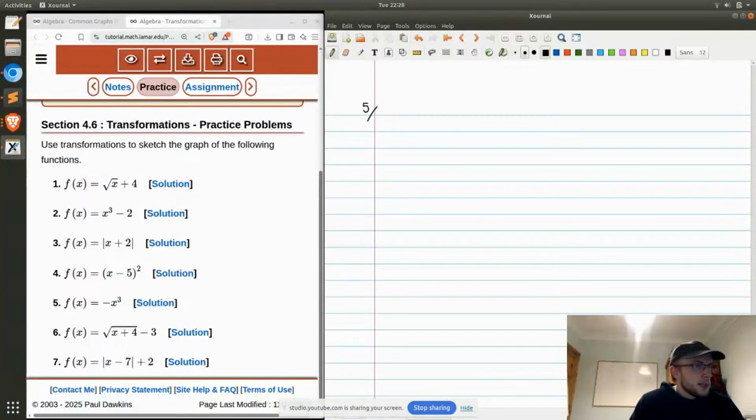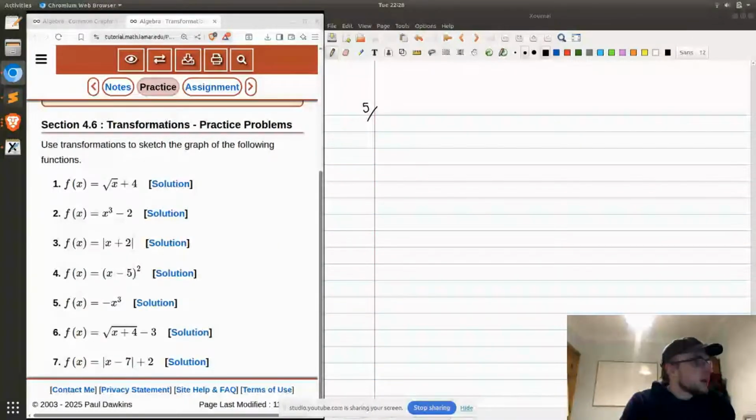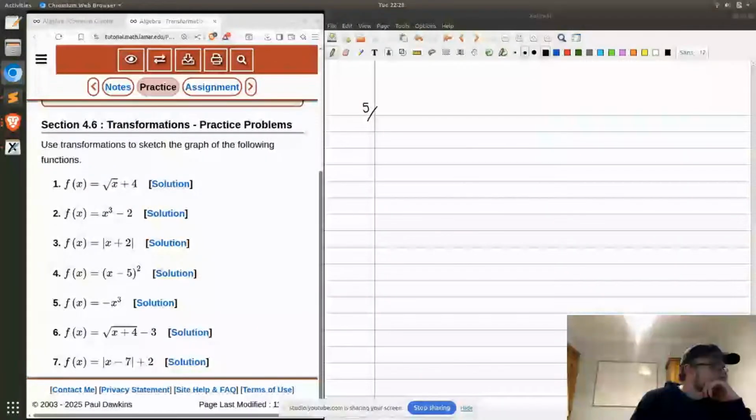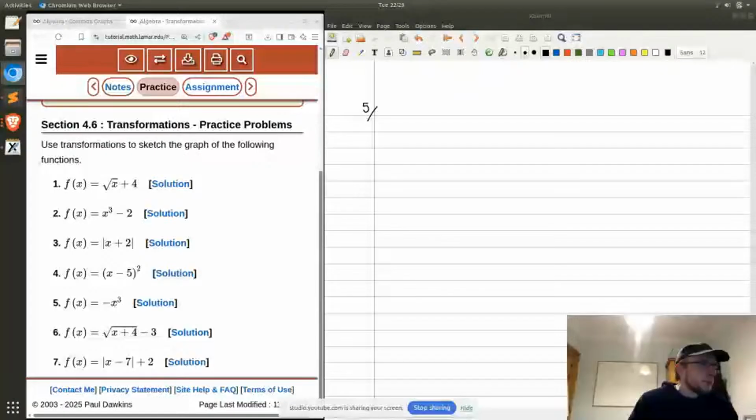So in sketching that, I really do want to figure out how to modify the axes. GeoGebra compress axes. Let's figure this out. Hold on. Okay.